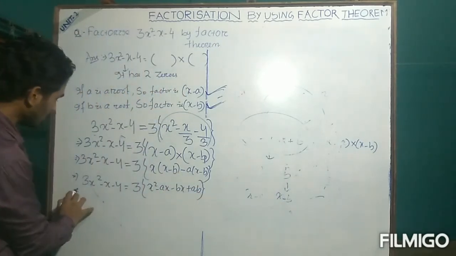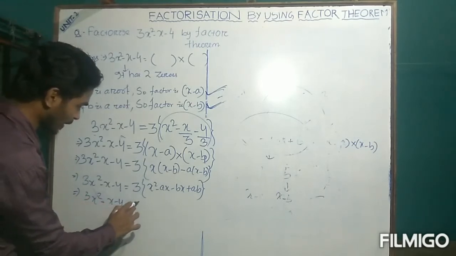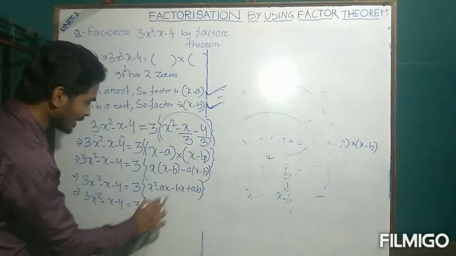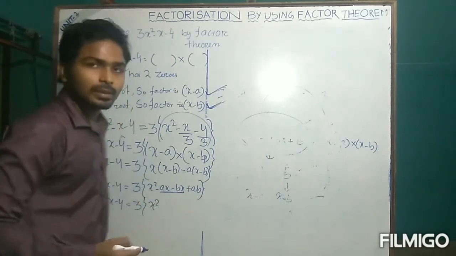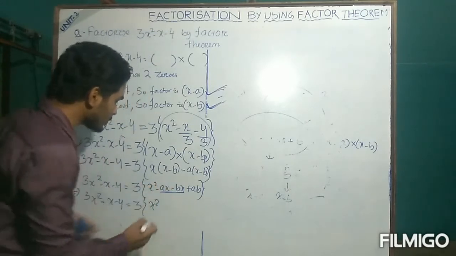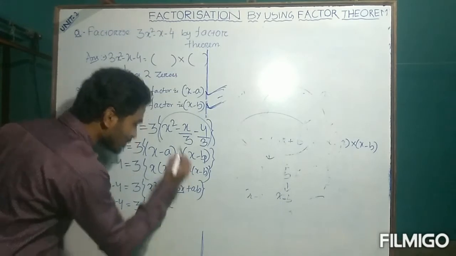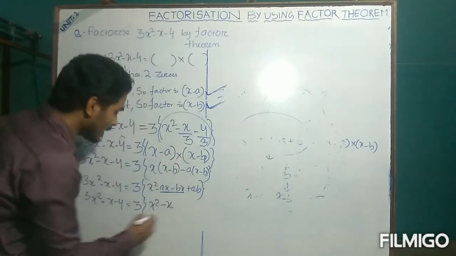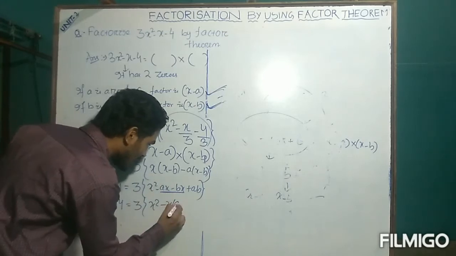Okay. So now 3x square minus x minus 4 is equal to 3 whole into x square. You can see these are the two like terms. Since these are two like terms, that means we can take minus as common. We can take x also common. Yes or no? So the remaining part will be minus, and x will be taken as common, so it will be a.